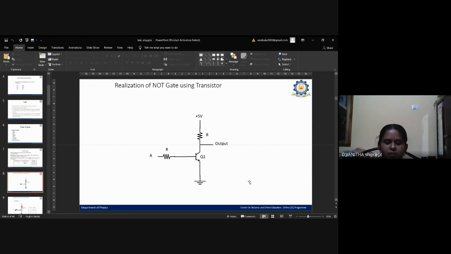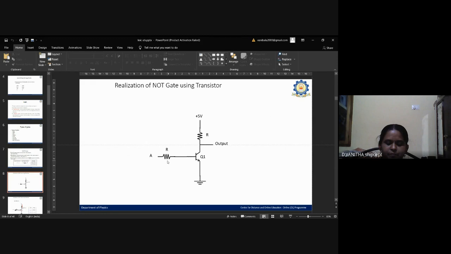By using a transistor, this is an NPN transistor, the NOT gate can be designed. In the transistor there are three terminals: this is the emitter, this is the collector, and this is the base.